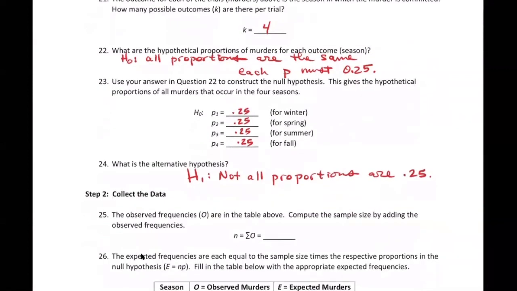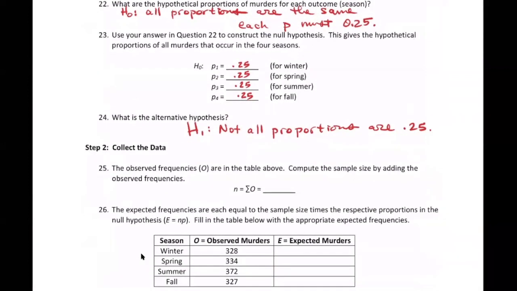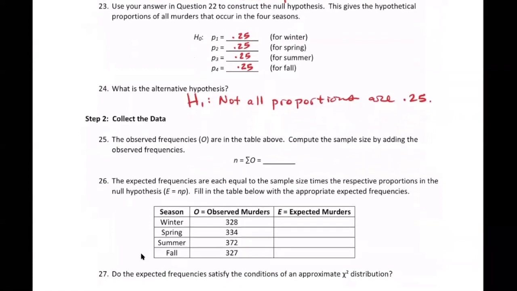Okay, any questions about that? So that's the biggest difference now, is just how do you phrase a null hypothesis when you have so many things being tested at once. Any questions?